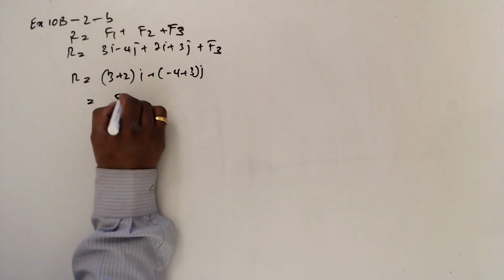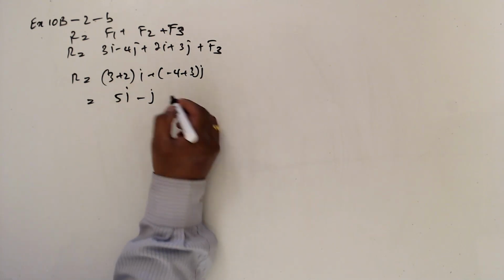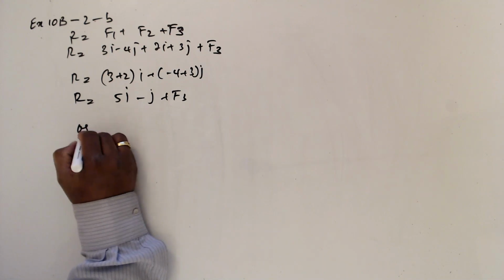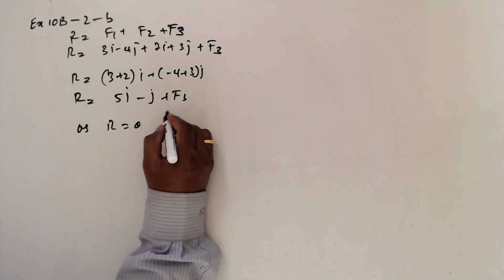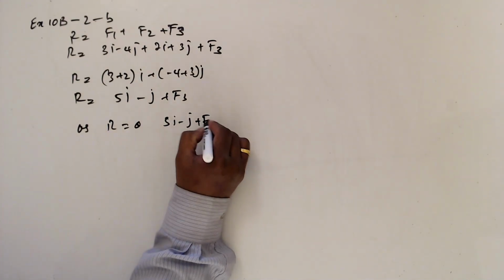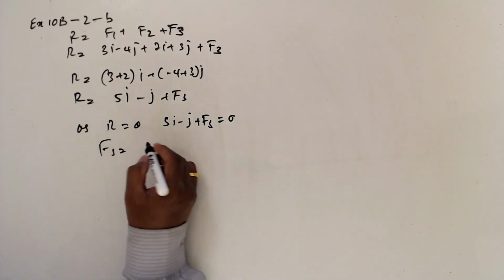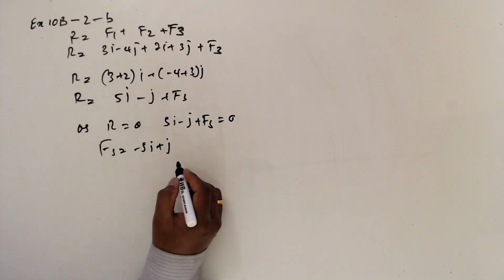So this is 5i minus j plus F3. As R equals 0, 5i minus j plus F3 equals 0. So F3 equals minus 5i plus j.